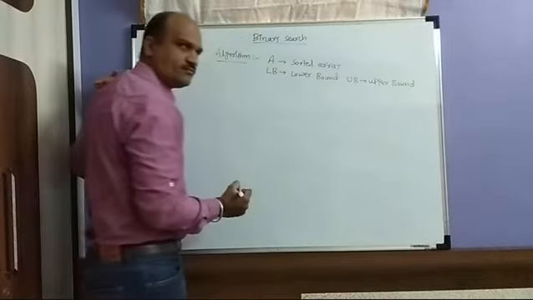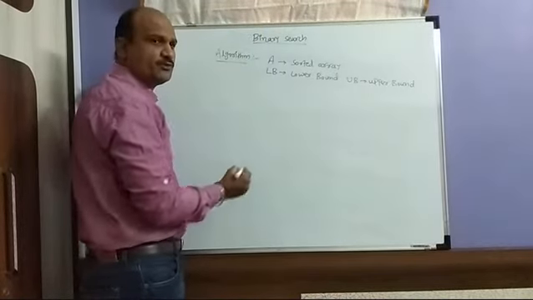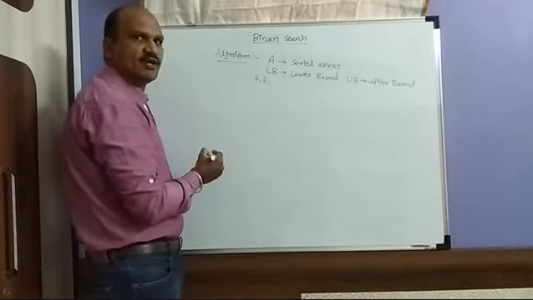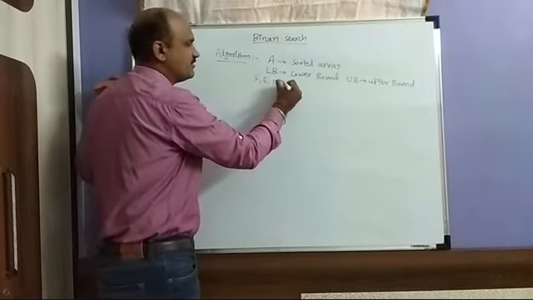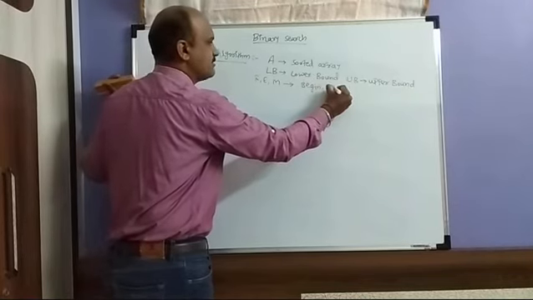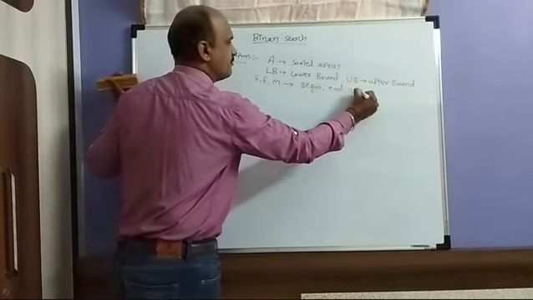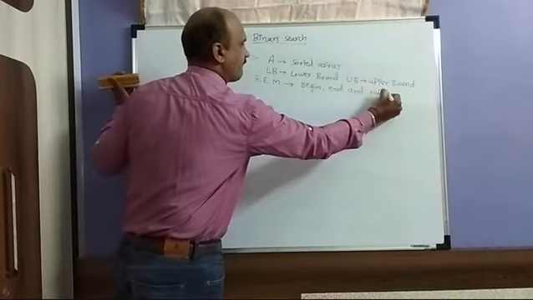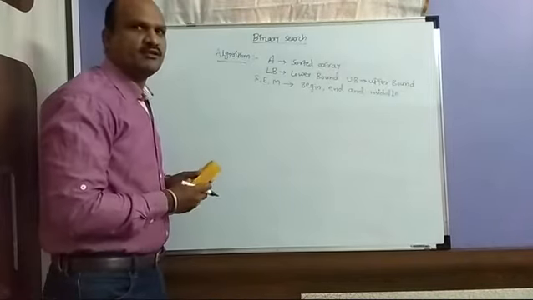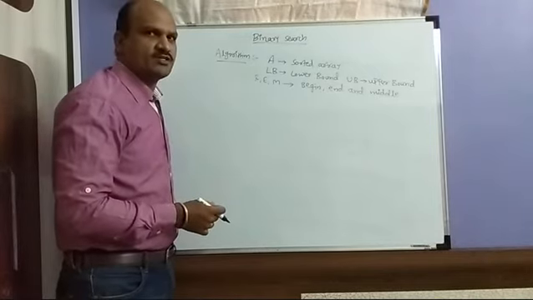Then you need B, that is begin, E, that is end, and M, that is the middle. Begin, end, and middle of the element. These are the things you need for finding the middle location of the element.